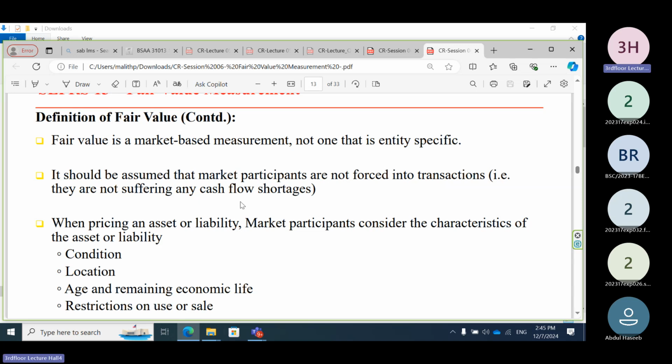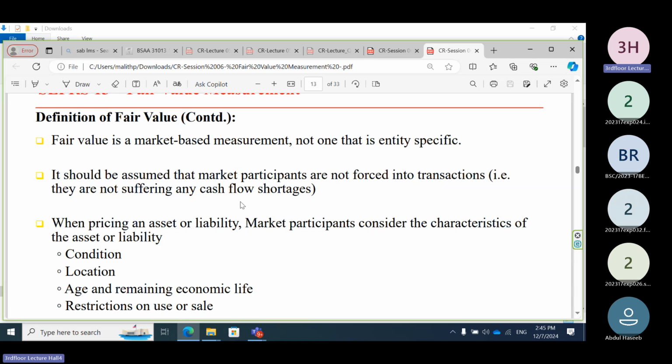There may be another pressure to earn money. It should be assumed that market participants are not forced into the transaction. If there is force, that is not the real value. We can't get a market-based measurement. If you have a force, it will be customized to that situation.